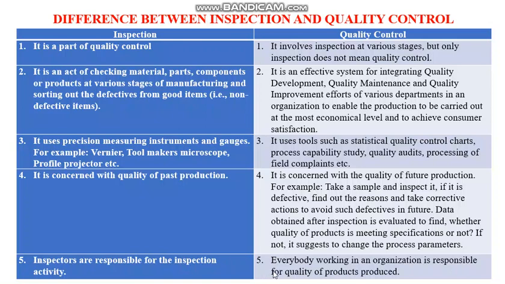Whereas in case of quality control, it is everybody in the organization. Everybody in the organization is responsible for the quality of the products produced. That means everybody is involved in quality control, not only those people who are in the quality department, even others are involved.